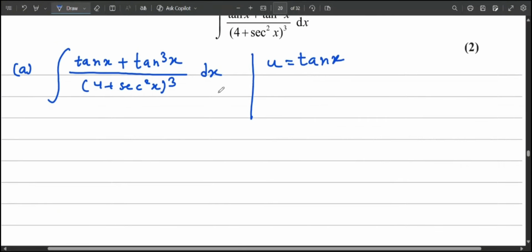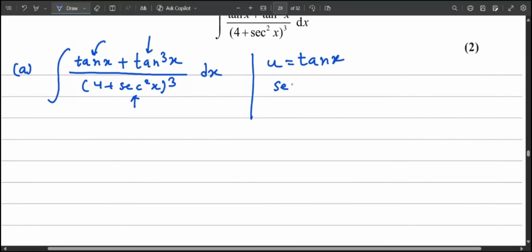So keeping this in mind, we can easily substitute u for tan x, and we can also substitute u for tan cube x. But in order to substitute a value of u in our sec square x term, we need to find out what sec square x is equal to in terms of u from a trigonometric identity.